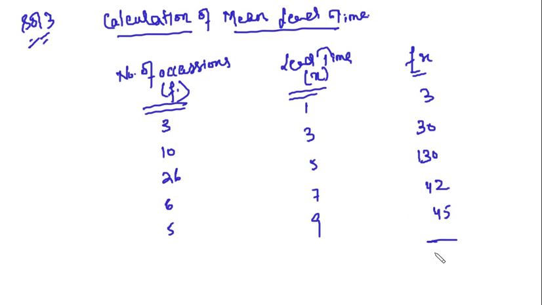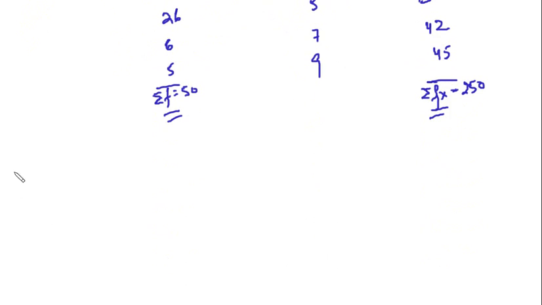So we'll take the total of this. We'll say sigma fx, this comes to 250, and we'll take the total of frequency, right? Sigma f, this comes to 50. Now dividing these two, we'll get the mean lead time.